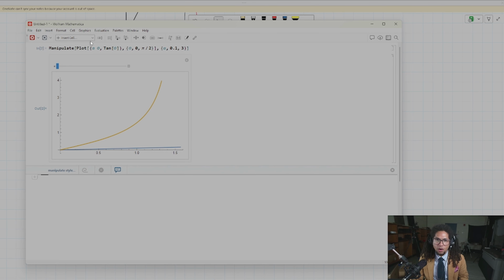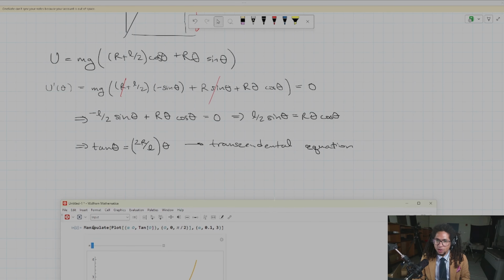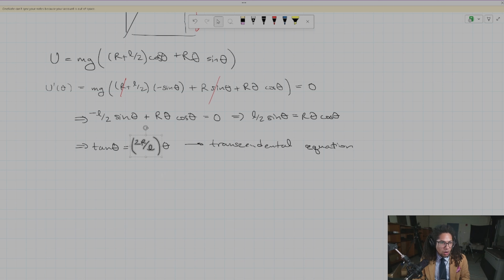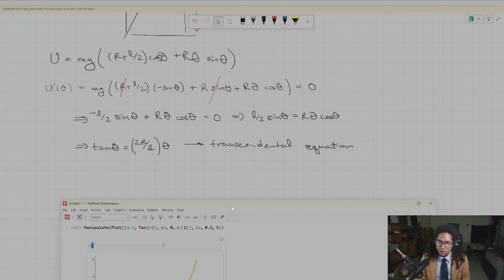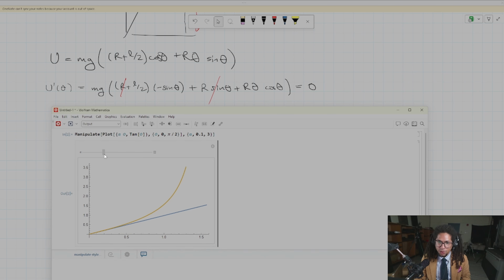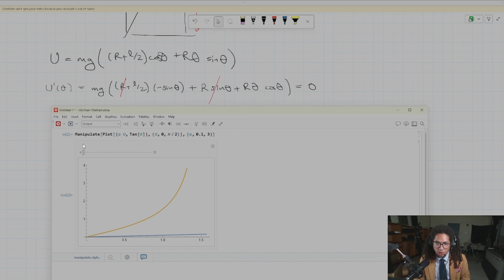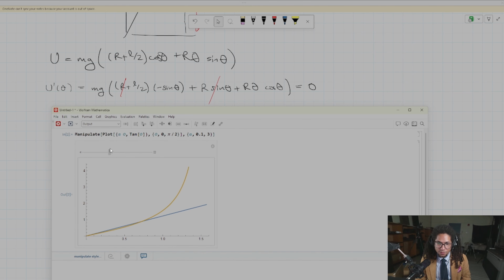I have already written this code. There's a manipulate function that allows us to tune the variable alpha, which is our 2r over L. Okay, so what we have here is the blue curve is alpha theta, and the yellow curve is tan theta. There's definitely a solution at theta equals 0, and then there's also another solution.